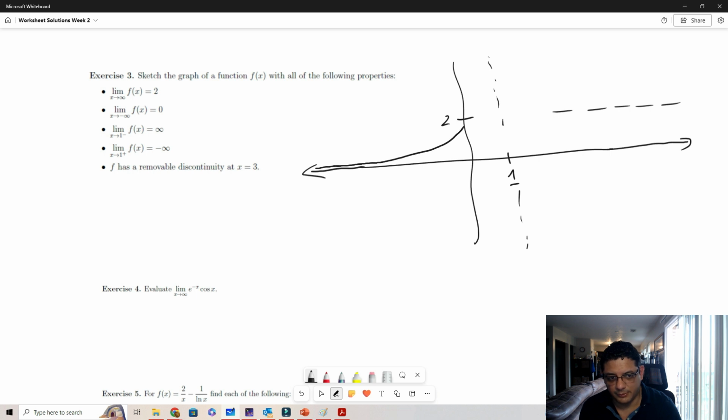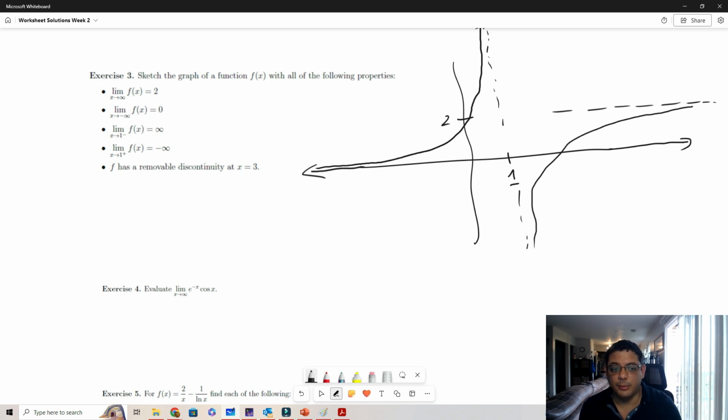It's probably doing something like this. And then it never touches 1 because it has an asymptote in there. Also, 1 by the right is minus infinity, so it's doing this. And it gets to have an asymptote here at 2. So we have something like this.